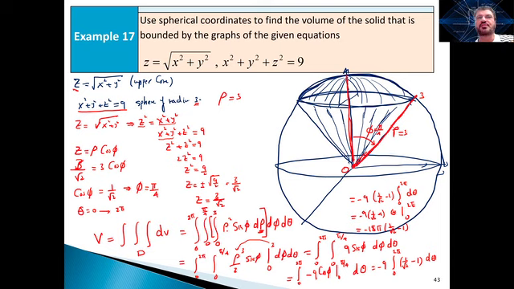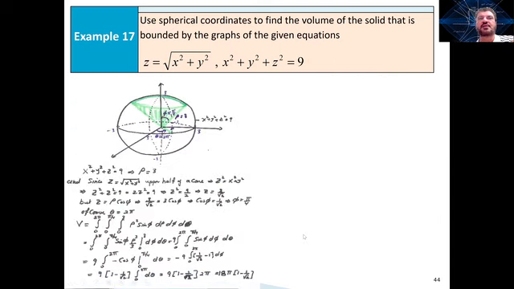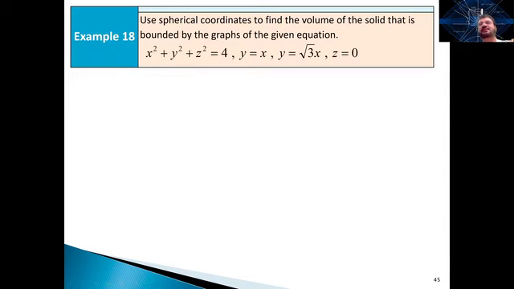All right, let's go to the last question. We have 3 things to graph here. Use spherical coordinates to find the volume of the solid bounded by, you know, this one. This is a sphere of radius 2.